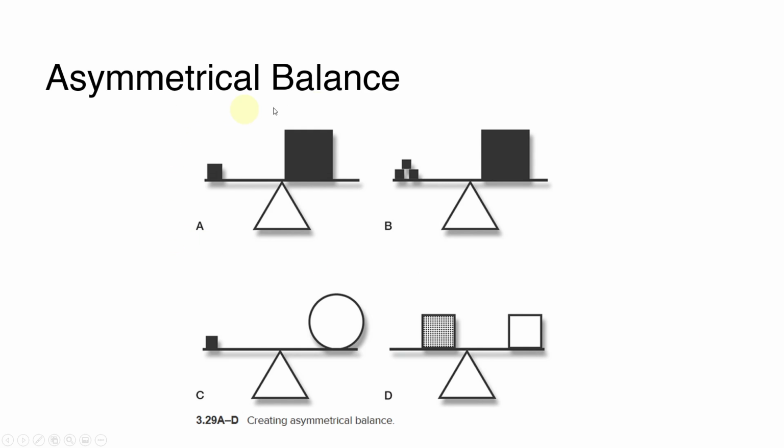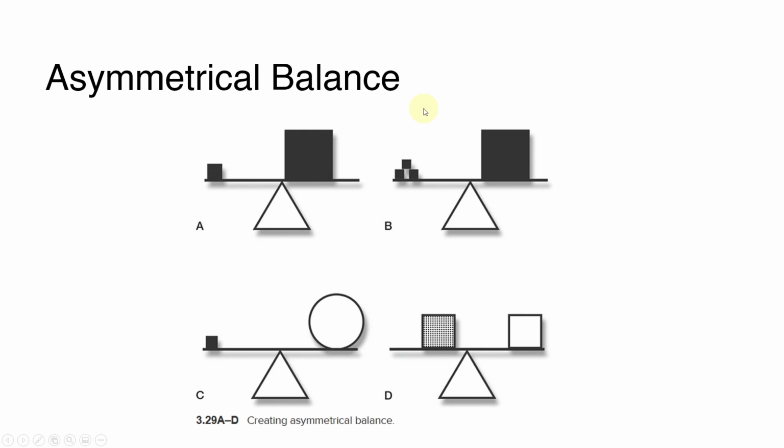Let's take a look at number 1A. We can place a large shape close to the fulcrum while placing a small shape farther away, just as a child at the end of the seesaw can balance an adult near the center. Large and small shapes can be balanced in design A, as you can see right here.